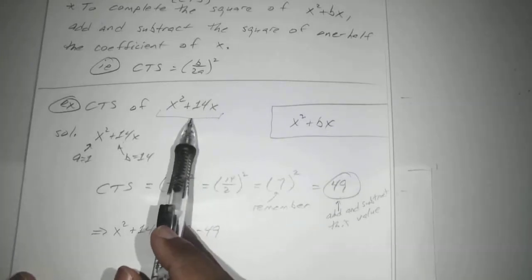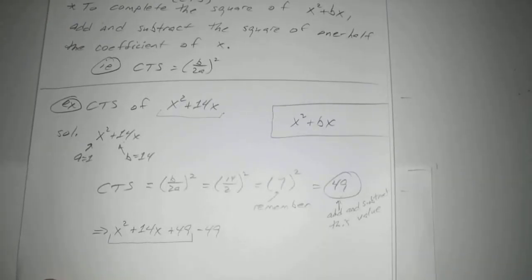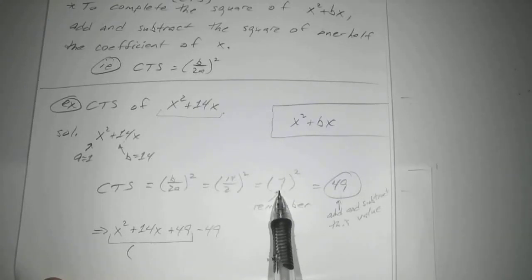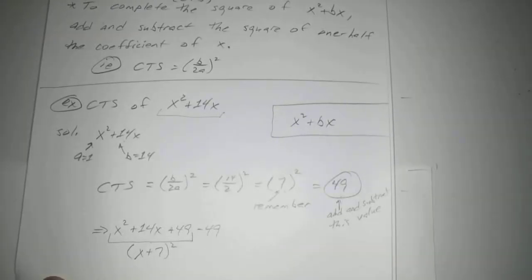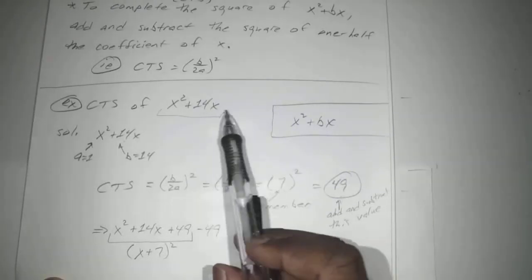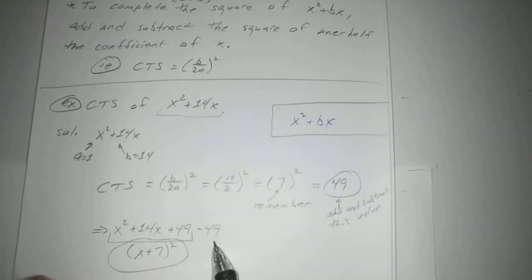Now to complete the square, you're just looking at those first 3 terms, which become (x plus 7) squared. When you're asked just to complete the square, all they're looking for is that, so you're ignoring the minus 49.